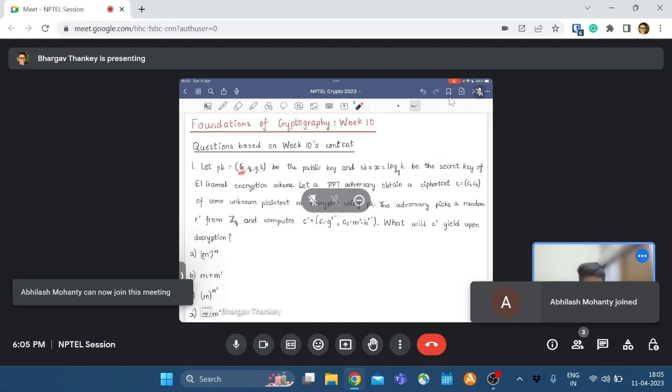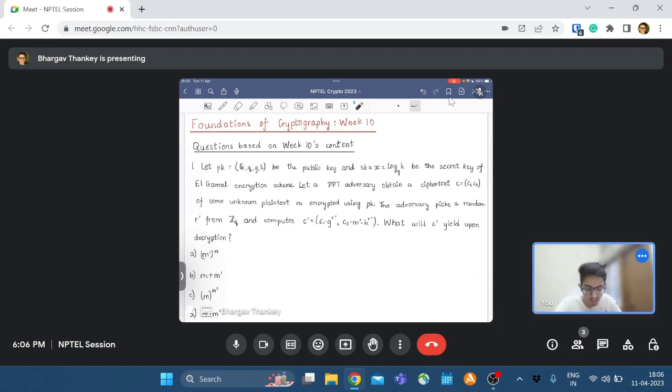G is a cyclic group of order q, g is a generator of G, and h is going to be g to the alpha for some alpha. In this case alpha is x. So this is our public key, and this is our secret key.